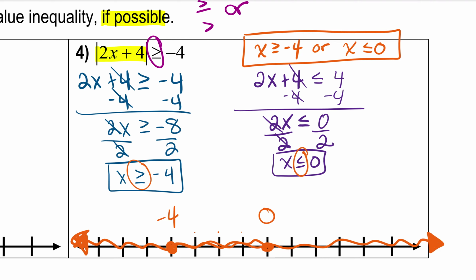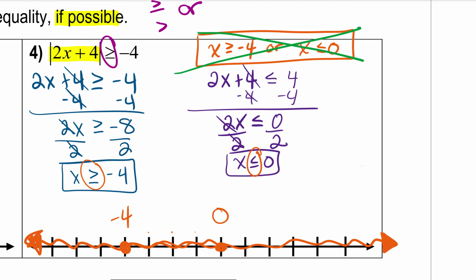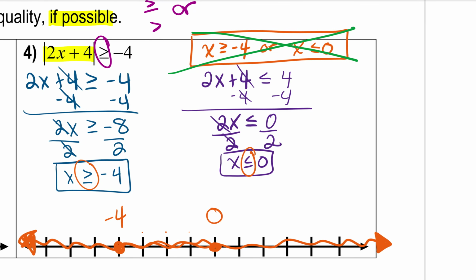So now I'm going to change my answer after graphing, and for the most part, the graph is going to help you see this. So if my graph overlaps like this and it creates this whole line that's filled up, I would actually have all real numbers. Or you can write all real numbers.